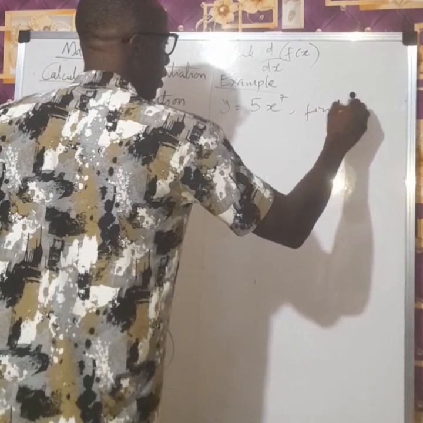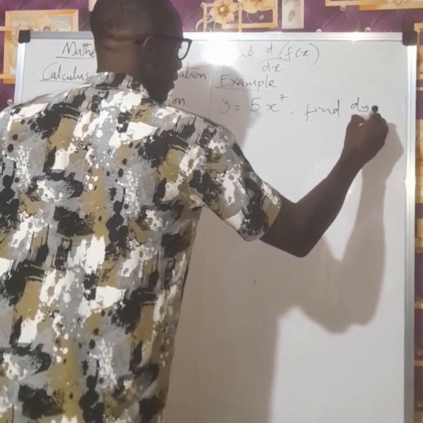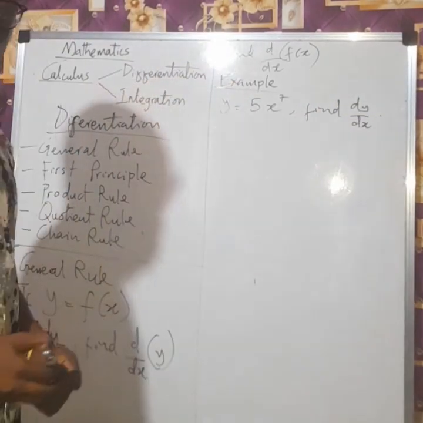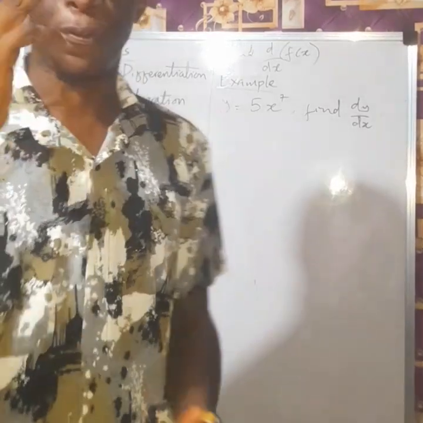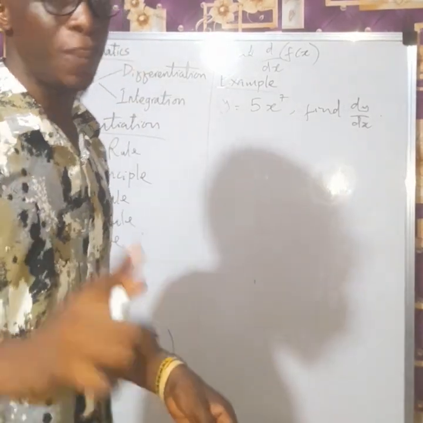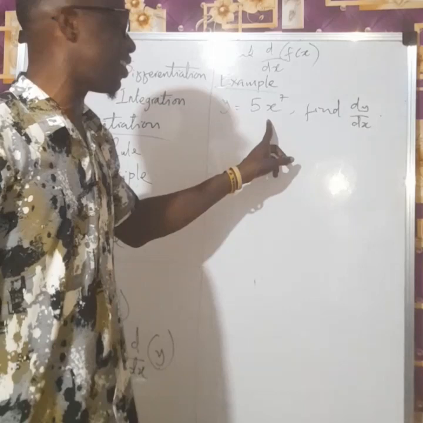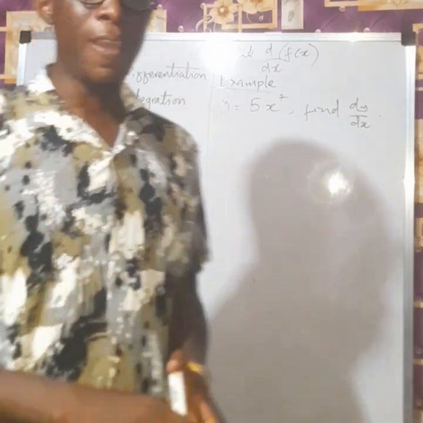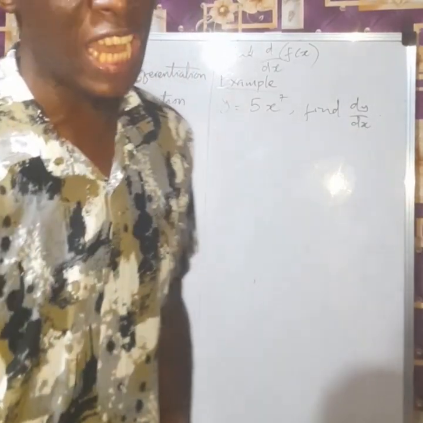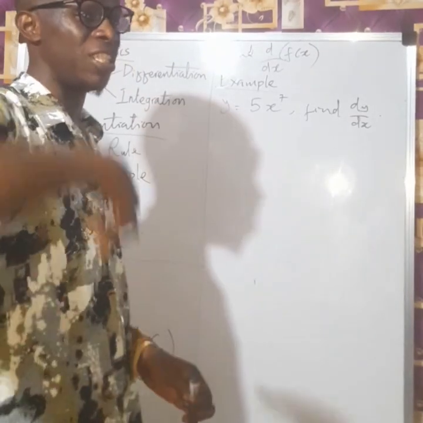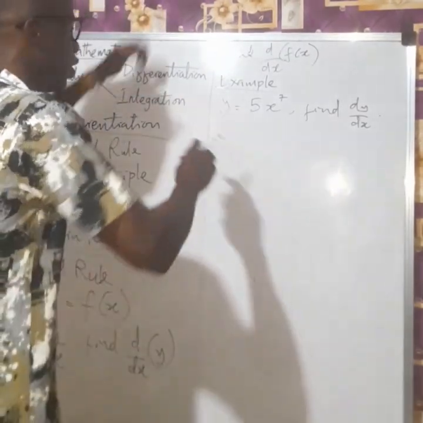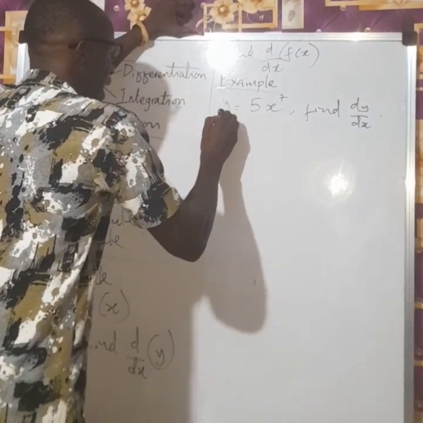Find dy dx. Or you can also find the first differential. That means you differentiate this once. If you find the second differential, that means you are going to differentiate it twice.